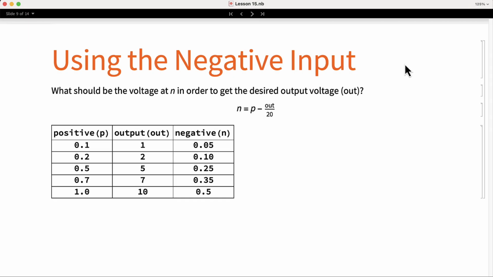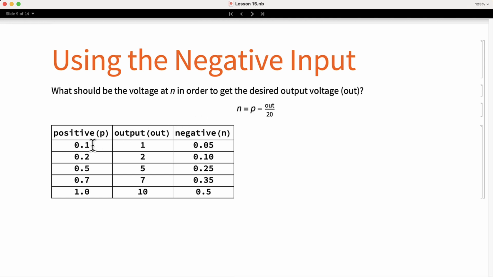Let's rearrange the formula so we can obtain what should be the voltage at the negative input in case we want the amplifier to behave as if it were 10x. To calculate it, we need to provide the input voltage P and the desired output voltage, and that will give us as a result the voltage N. Let's create a table with the results.